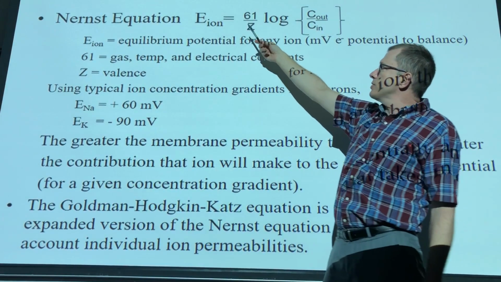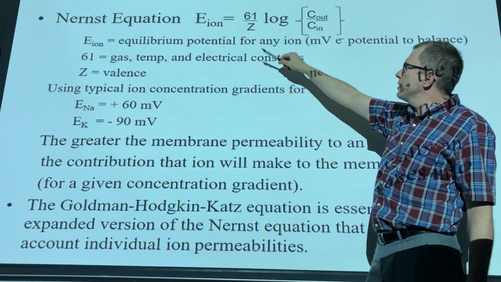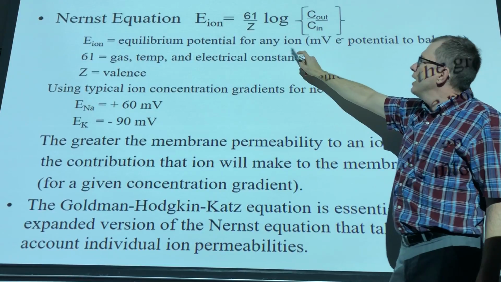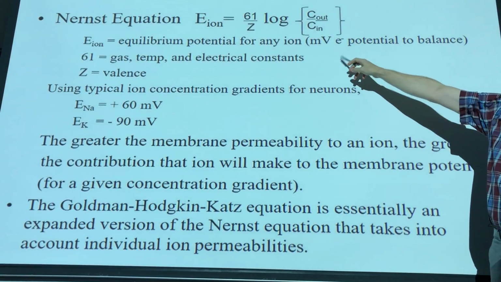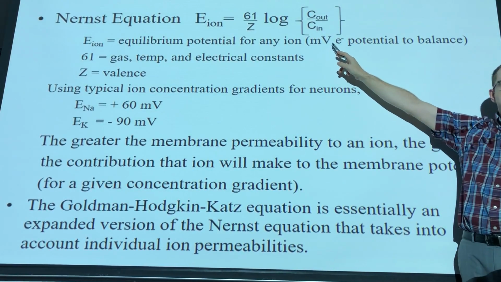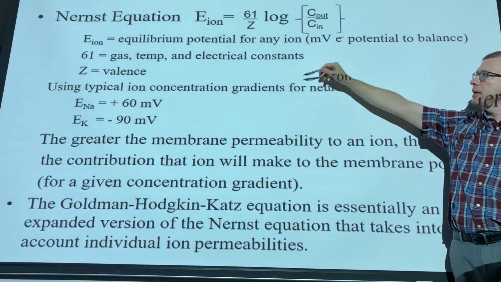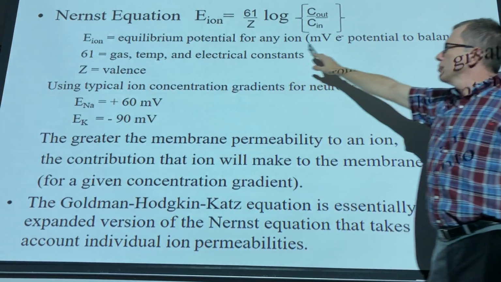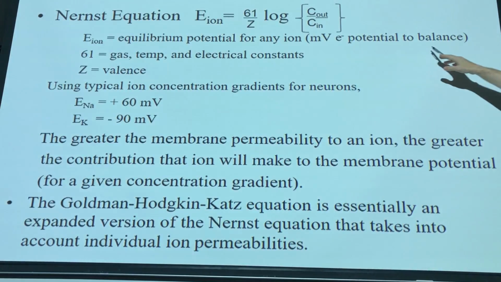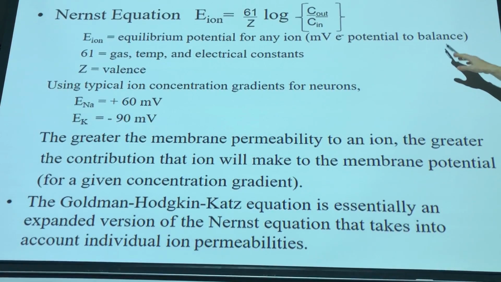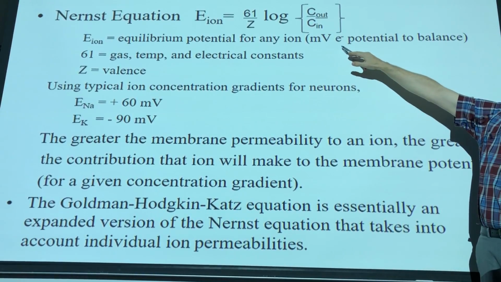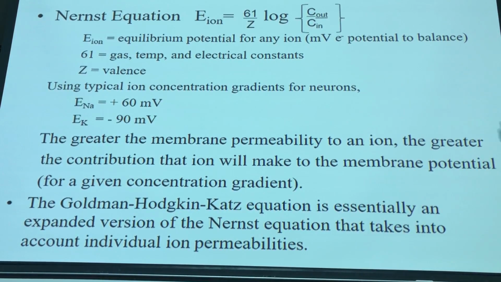So far we've looked at potassium and then sodium, okay? And I've already mentioned that it's in millivolts, okay? I've also told you that the equilibrium potential is that electrical force that's required to balance the difference in the concentration of the ions, right?